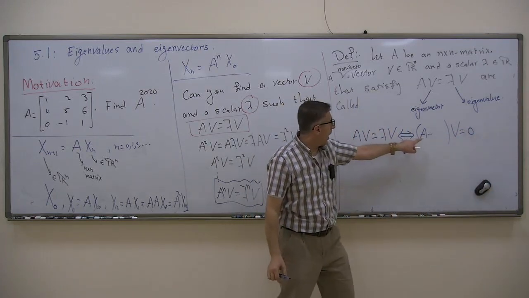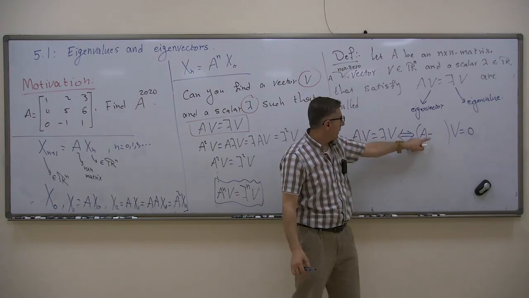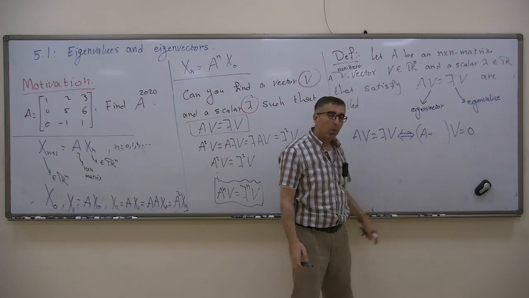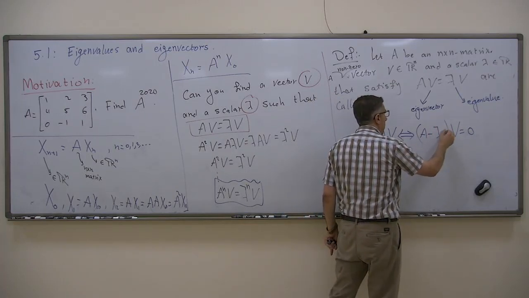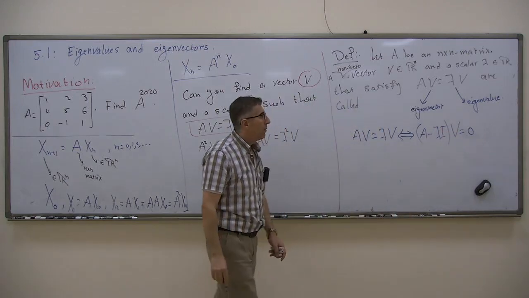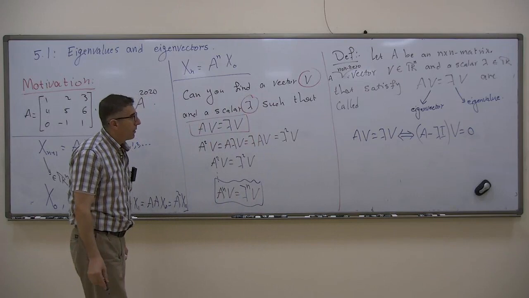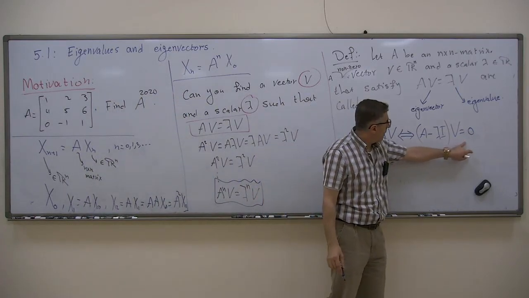I'm taking v out here, so I'm left with A here, and with lambda I, because this is a matrix. And I here is the identity matrix, the n by n identity matrix. So this implies this.